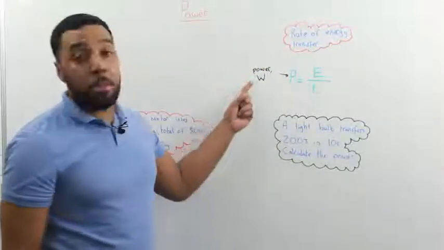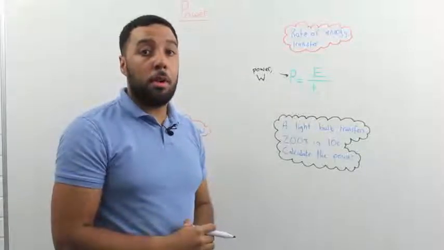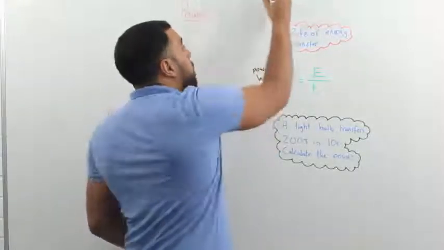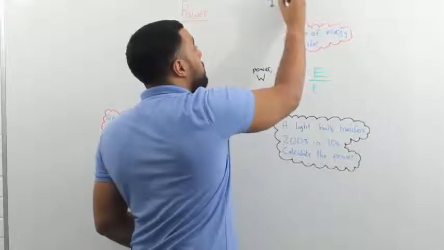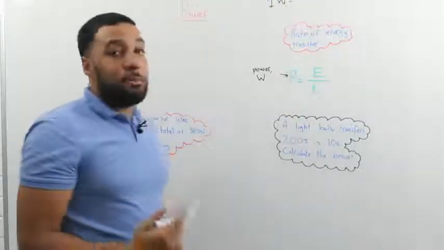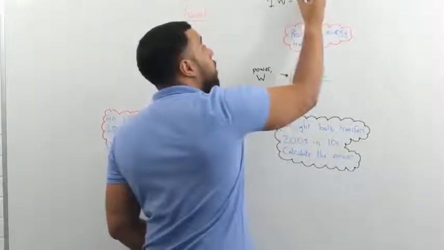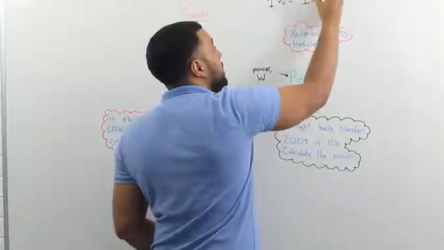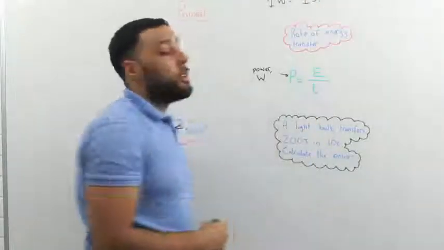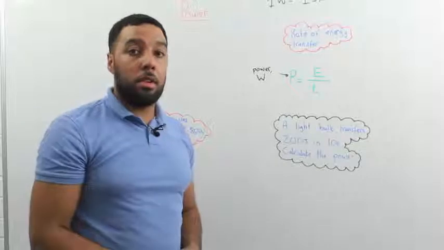It's given a capital W. 1 watt is basically 1 joule of energy being transferred per second.